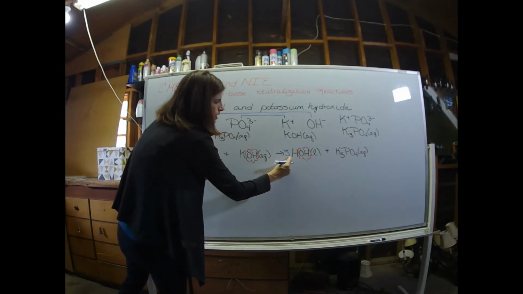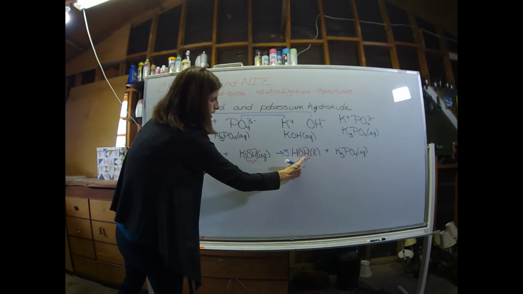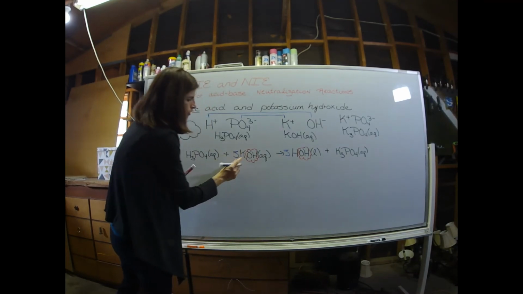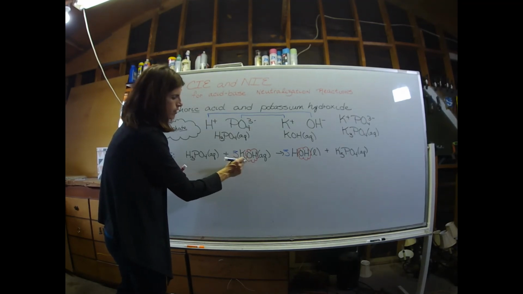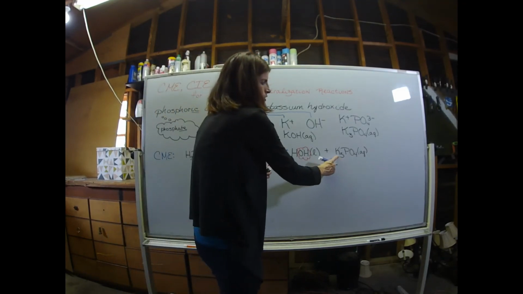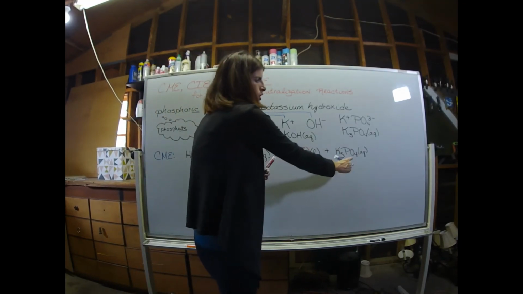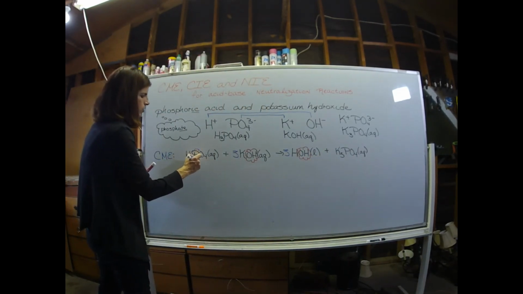So now I have 3 hydrogens. That looks good. That gives me 3 OHs though. So if I put a 3 out front here, now I have 3 potassiums and 3 hydroxides, but that's not a problem because there's 3 potassiums over here, 1 phosphate, and just 1 phosphate. I'm not going to break this one down either.